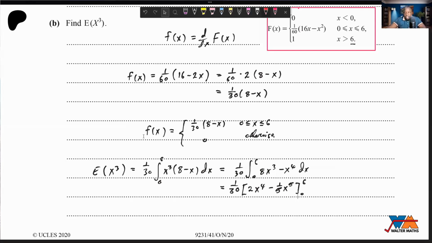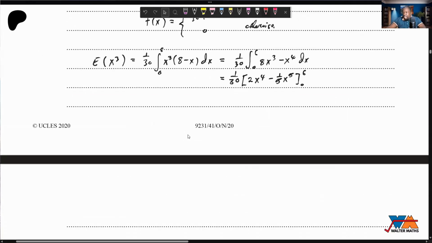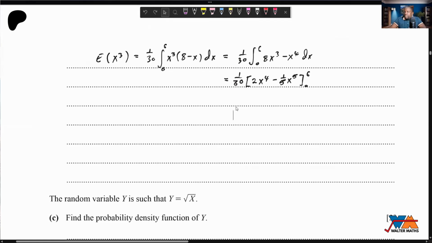I think we still have a little space, but I'll take the whole thing down so that we have good space to use. From here, that's 1 over 30 of 2 times 6 to the power 4.